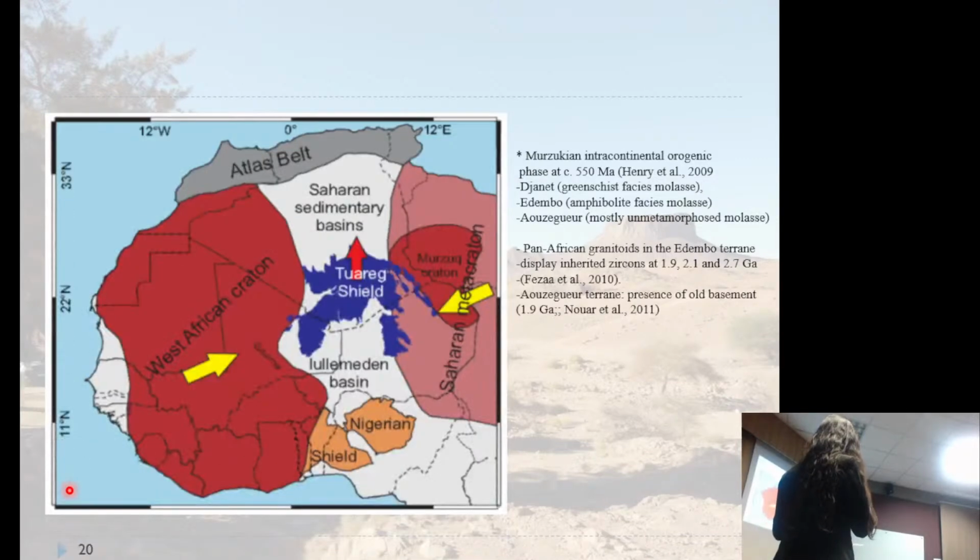A lot of the works actually say that this eastern Hoggar was part of the Saharan Metacraton, as if it was a part of it, and it got deformed. We had terrains that collided with the rest, and we have the structure we have today.